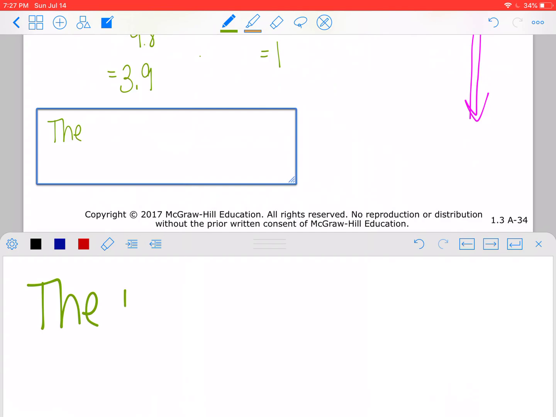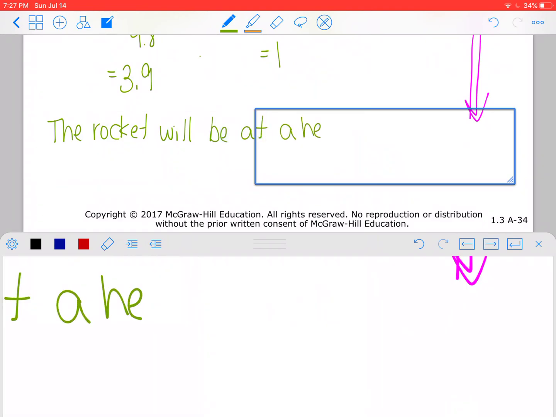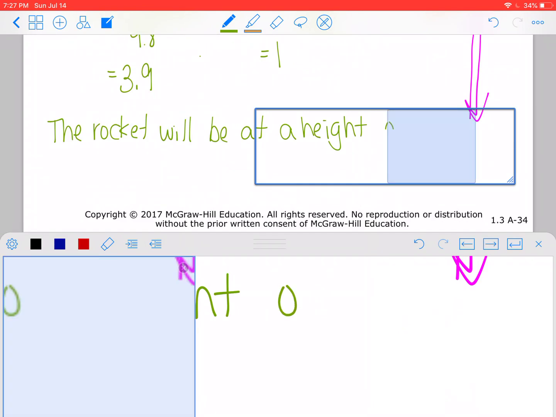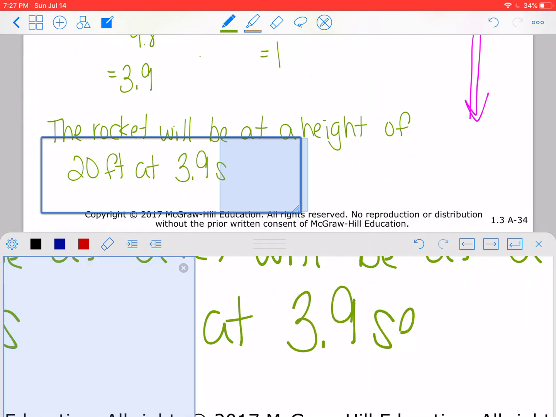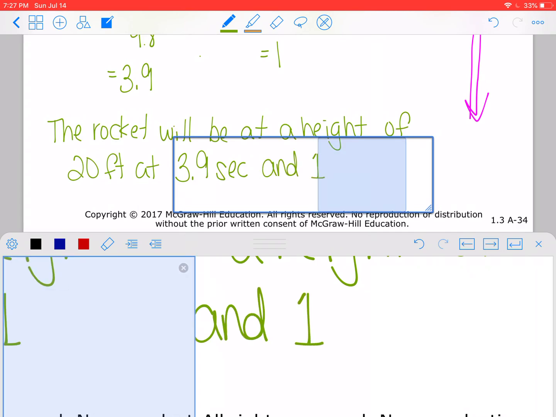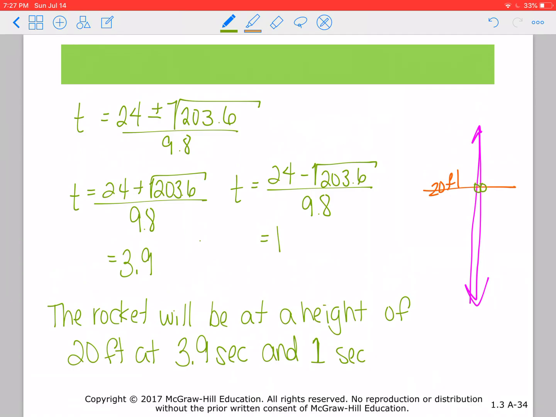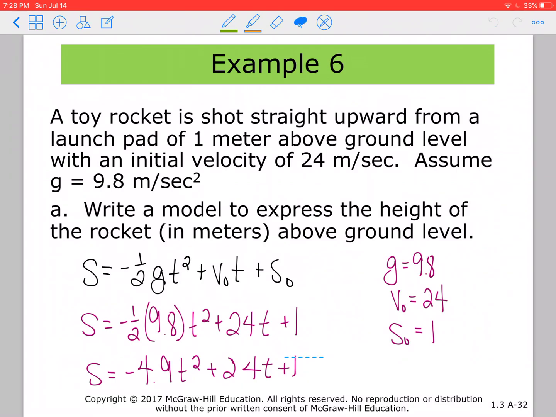The rocket will be at a height of 20 feet at both 3.9 seconds and at 1 second. Okay? Go back over here and grab this.